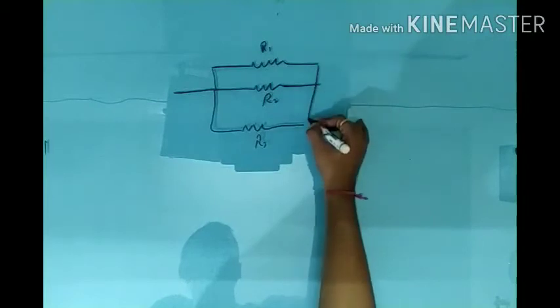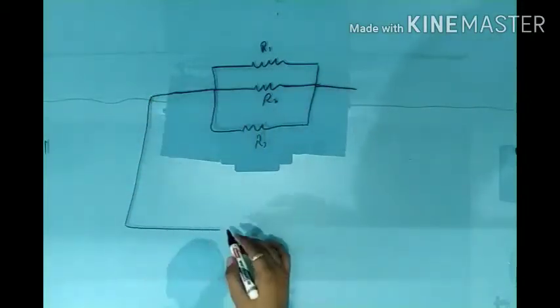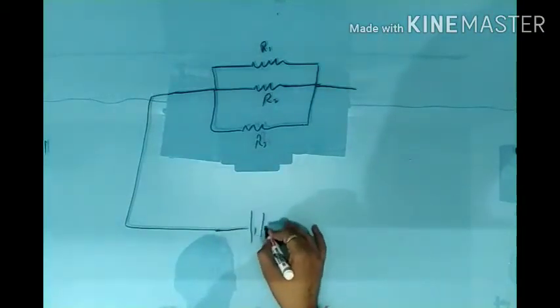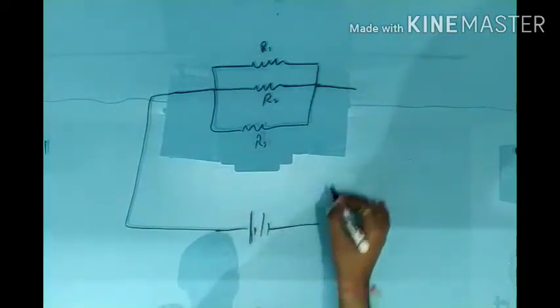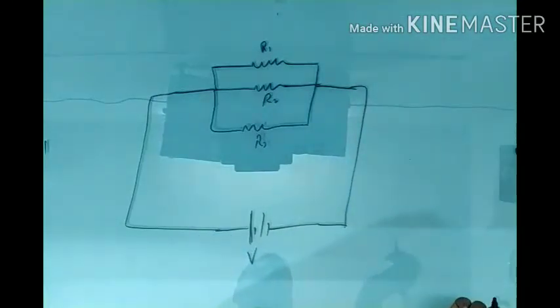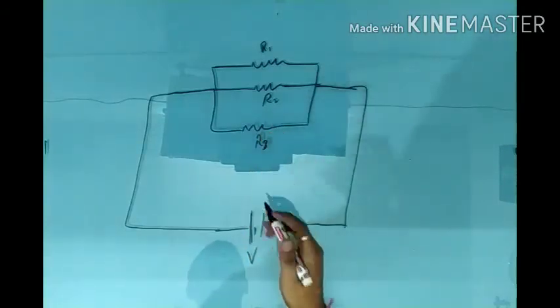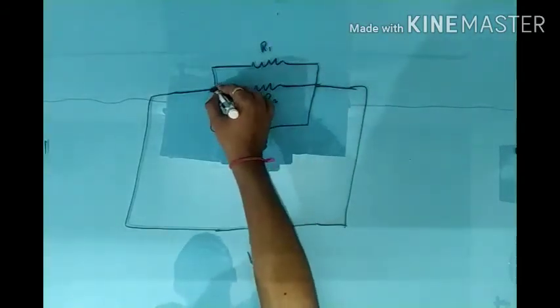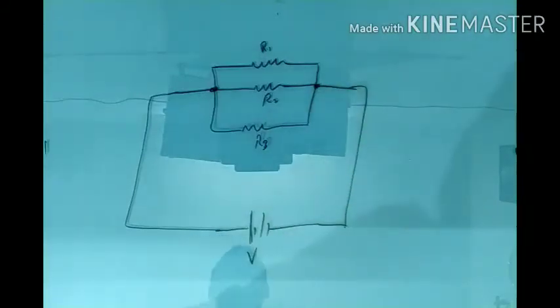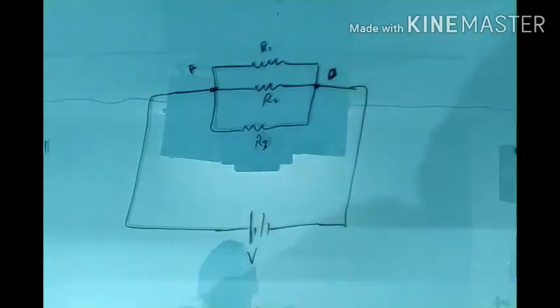Firstly we connect all the three terminals with each other, then we connect them to a battery of potential V. As we explained earlier, potential drops with respect to resistance. Now all the resistors R1, R2, R3 are connected on two particular points, A and B, only on two points.